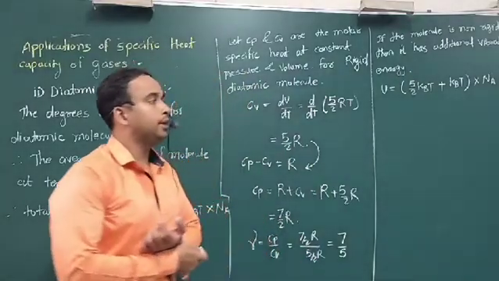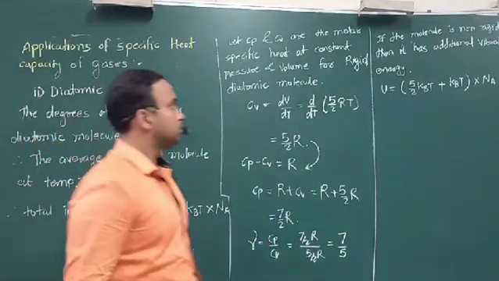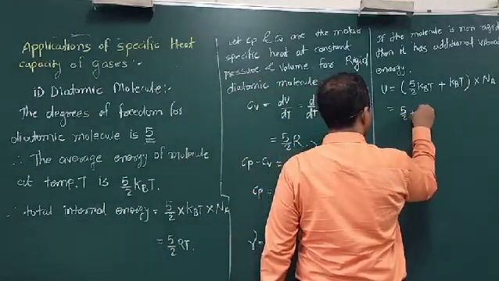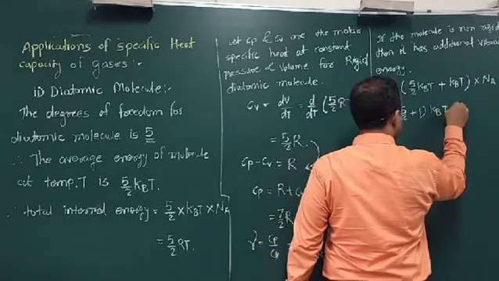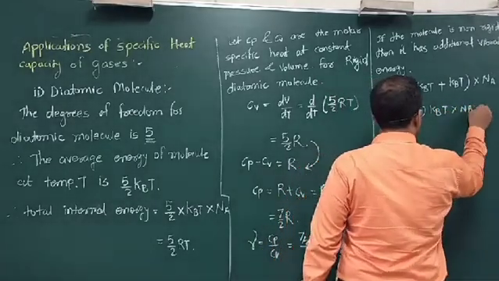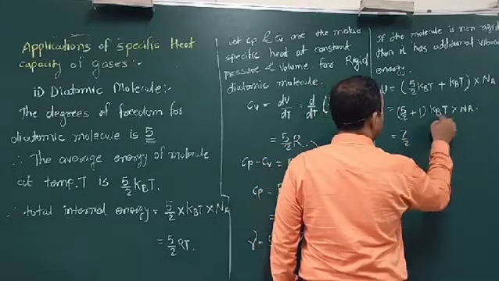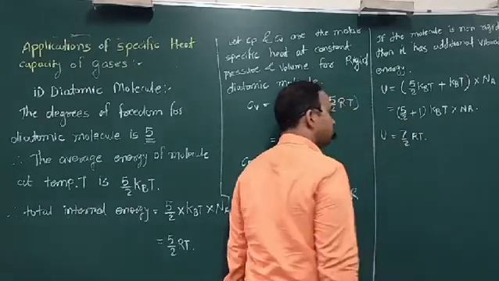Okay, so kBT take common outside. So we get 5 by 2 plus 1 into kBT into NA. So we get 7 by 2 kBT into NA, which is R into T. This is the value of U.